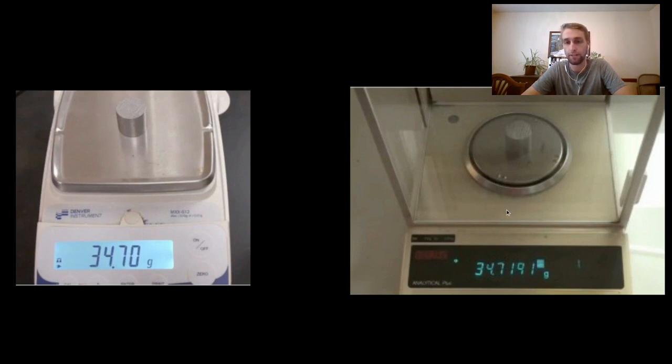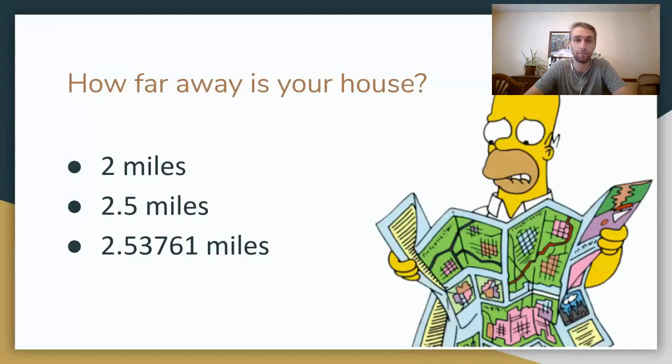This one would be more precise. Which one is more accurate? Well, we don't exactly know given the information we have, because unless we know the true mass of that cylinder, which maybe we're never going to know, we don't know which one is technically more accurate, but we can tell you which one is more precise.